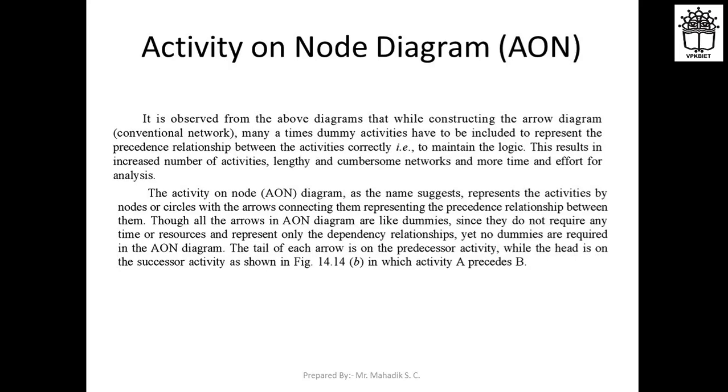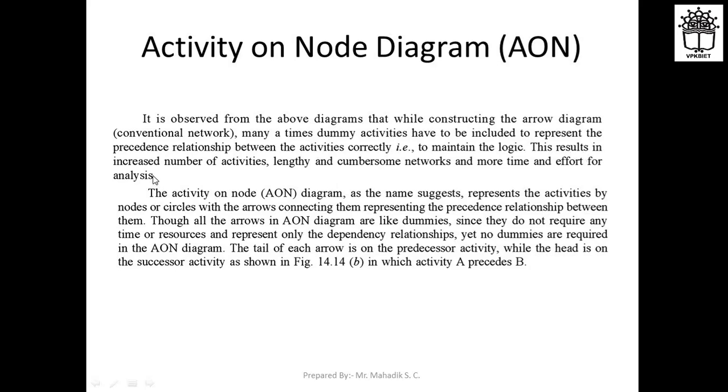Before that, let us see what is an AON diagram, actually, that is activity on node diagram. So it is observed from the above diagram, that is the conventional network diagram, that while constructing arrow diagrams, many times dummy activities have to be included to represent the precedence relationship between the activities correctly. So that is to maintain the logic.